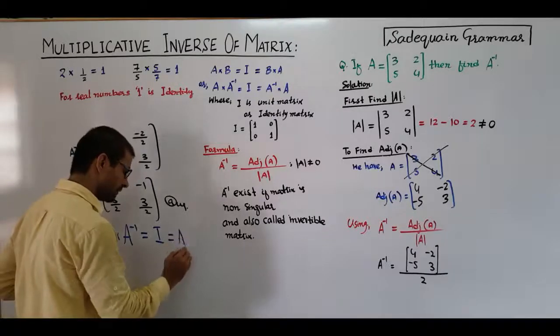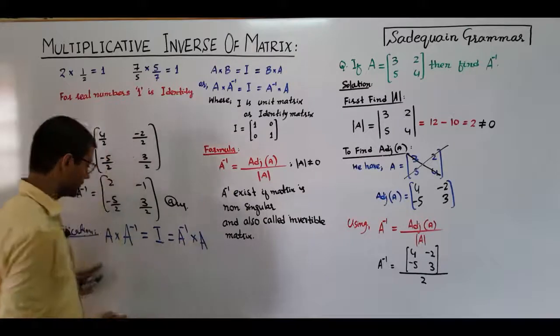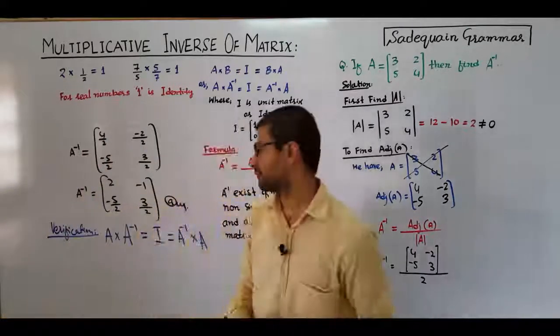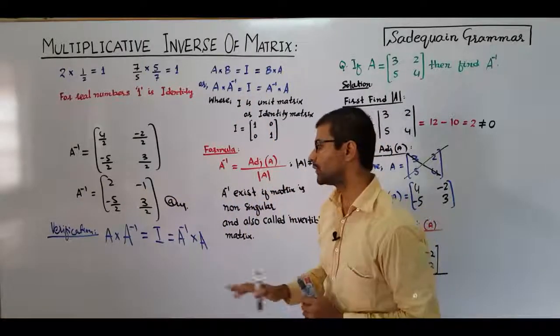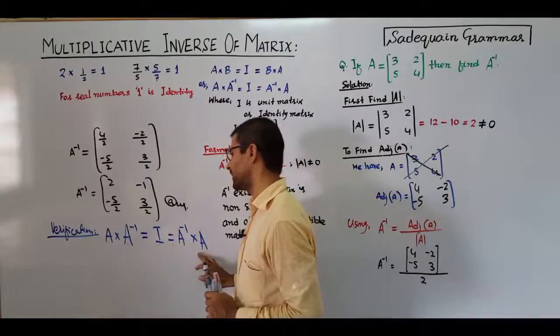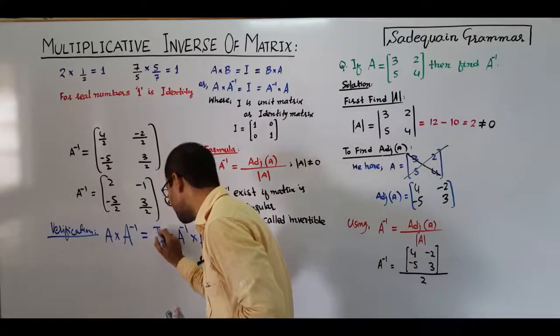Or you can multiply the inverse of the matrix by the matrix. It means in general multiplication is not commutative, but in the case of multiplicative inverse you can change the order. A multiplied by A inverse or A inverse multiplied by A. In both cases your answer will be the unit matrix.